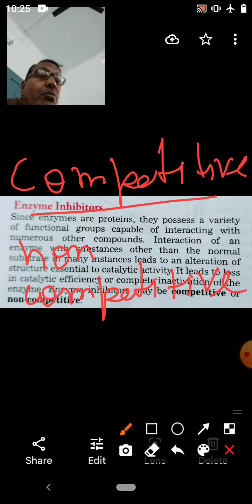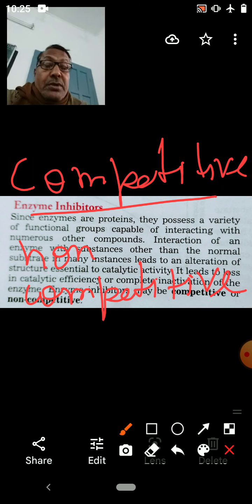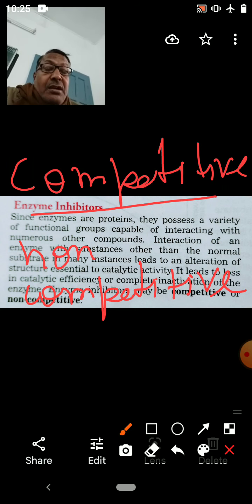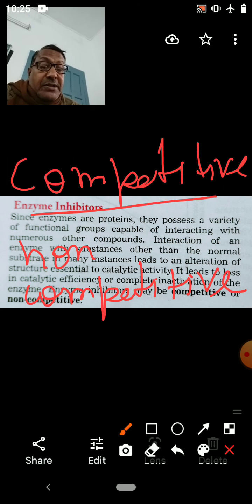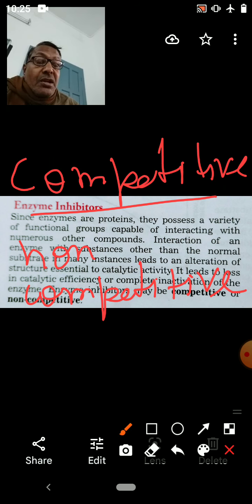So, which are the competitive inhibitors? Competitive inhibitors have a structure similar to the substrate molecules. Therefore, they compete for the same site on the enzyme molecules.